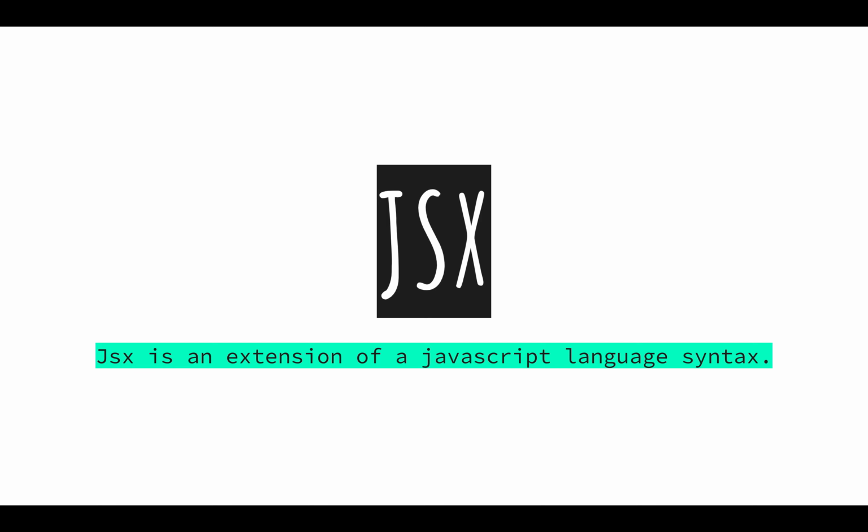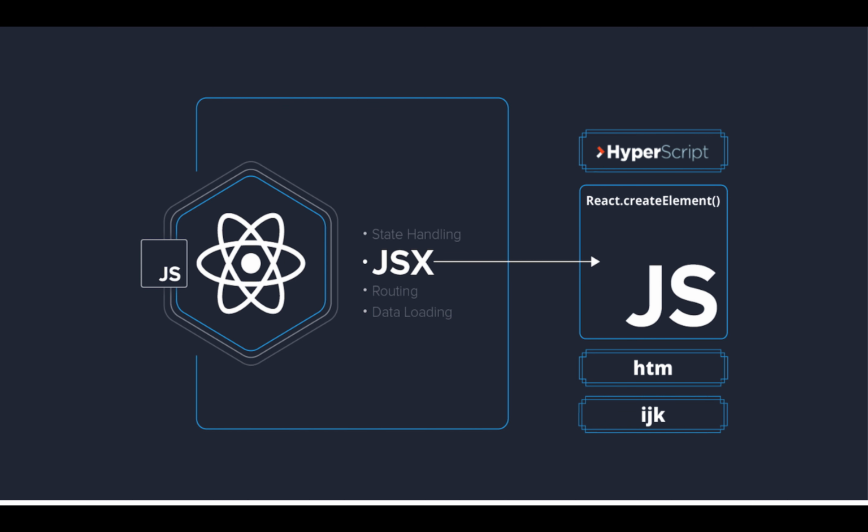And then finally, I'm going to talk about JSX. JSX is an extension of the JavaScript language syntax, and it makes our life a lot easier. We can write clean and readable code by using JSX. But JSX is basically translated under the hood. Let me show you how it looks.